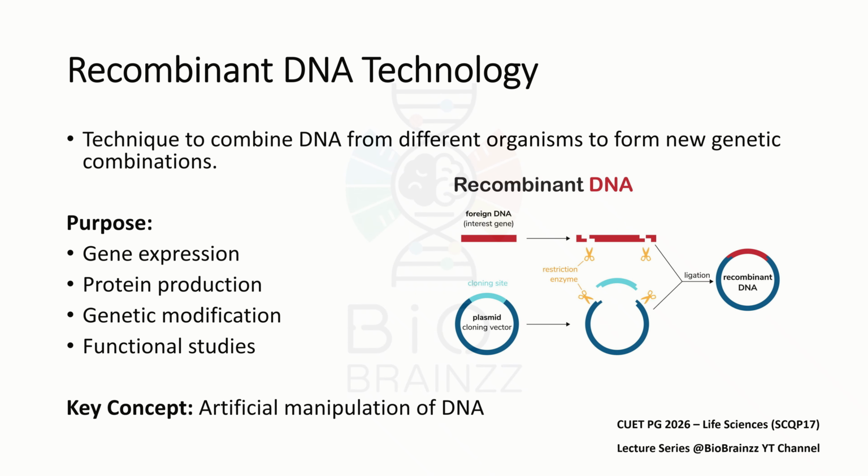Recombinant DNA technology involves combining genetic material from different sources to create novel DNA molecules that do not naturally exist. This process allows scientists to isolate a specific gene, insert it into another organism, and express it to produce a desired product.